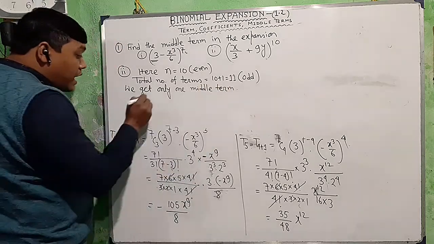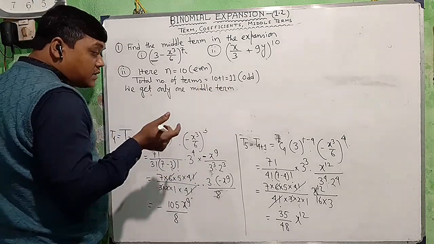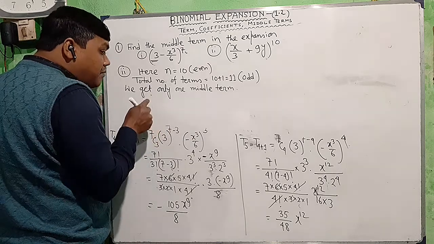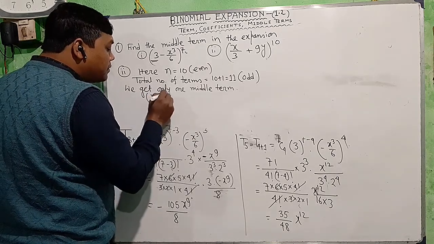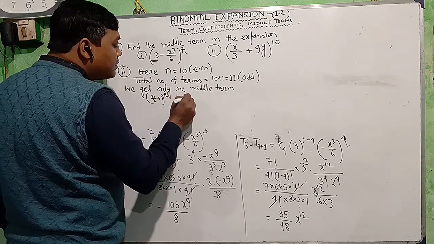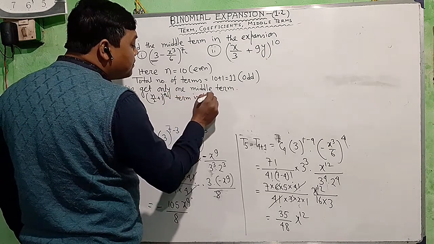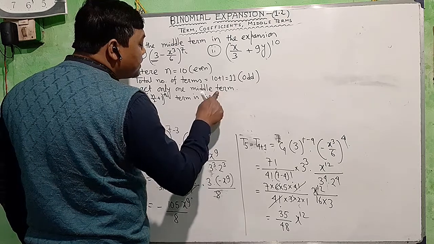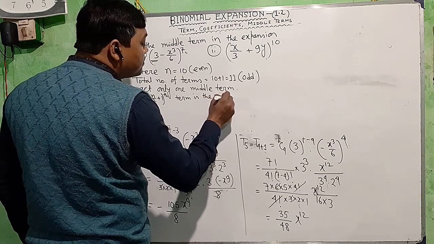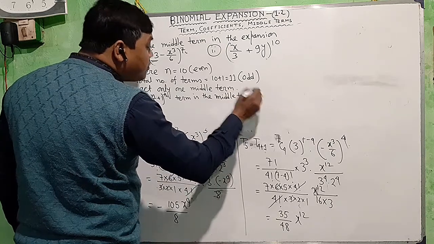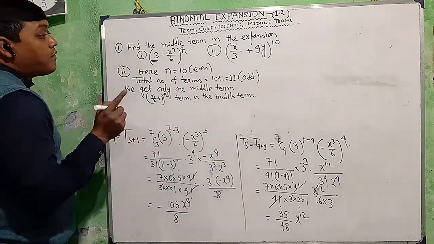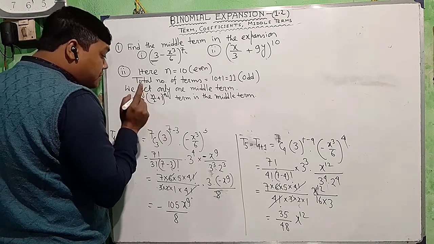So the n we have already discussed. Which term is the middle term? n by 2 plus 1. So the n by 2 plus 1 term is the middle term. So now the expression is that what is the value of n? n equals 10.